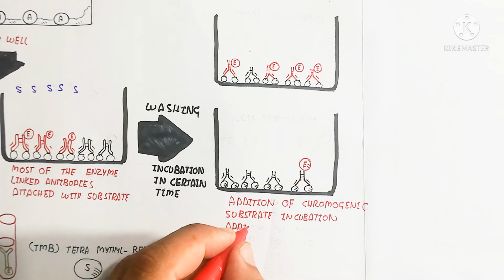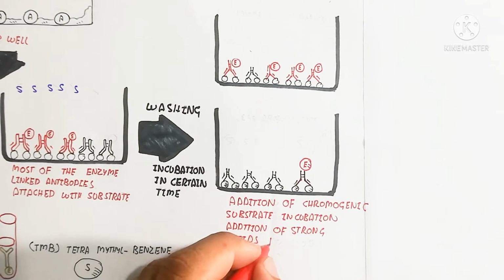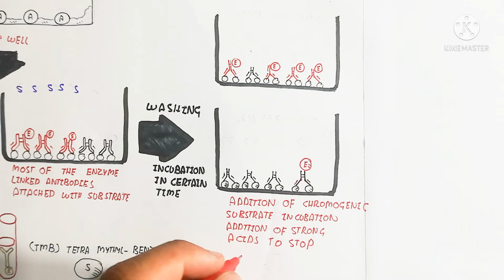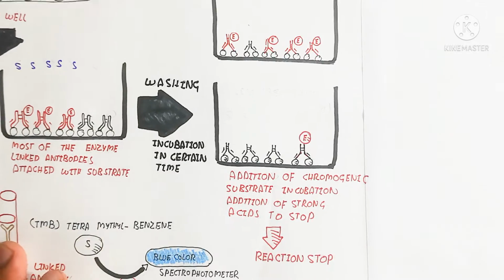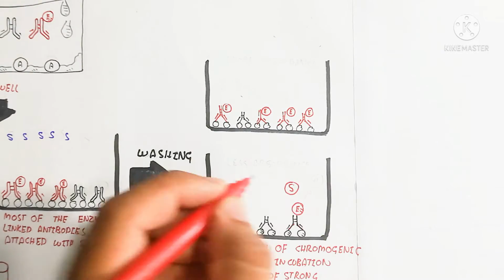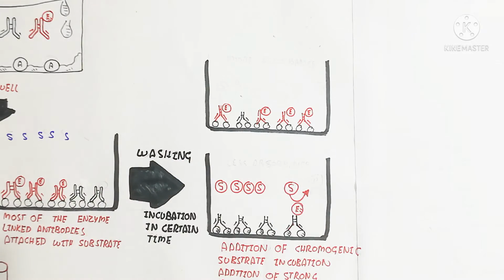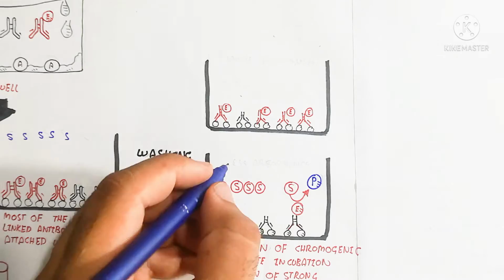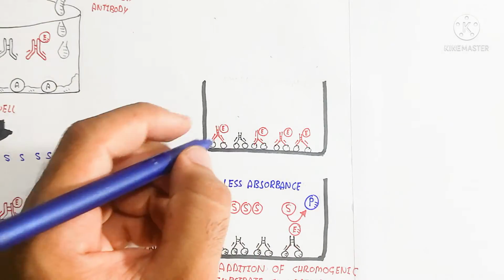The important thing is that a higher or lower absorbance value can occur. Then we add the chromogenic substrate, incubate, and add a strong acid to stop the reaction. After the reaction stops, we check the color in the spectrophotometer.